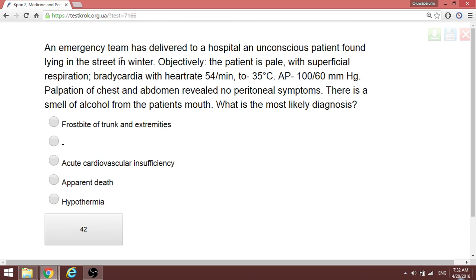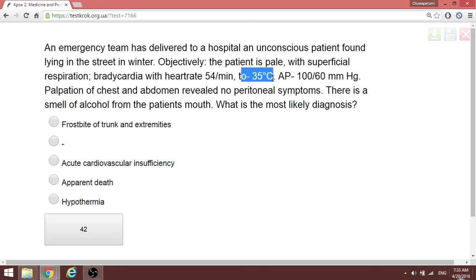Alright, emergency department, a patient who was lying down on the street in the winter. And you know one thing is that when people get drunk lying in winter, alcohol is a very powerful anesthetic agent. And so they lie down in winter, their body is dying but they are not aware. And they are telling us that the temperature of the patient is 35 degrees.